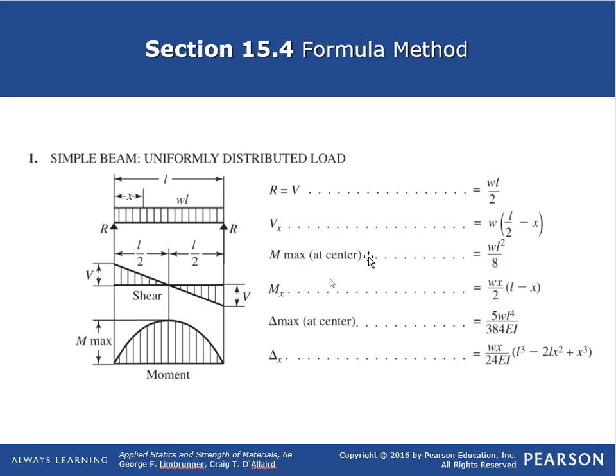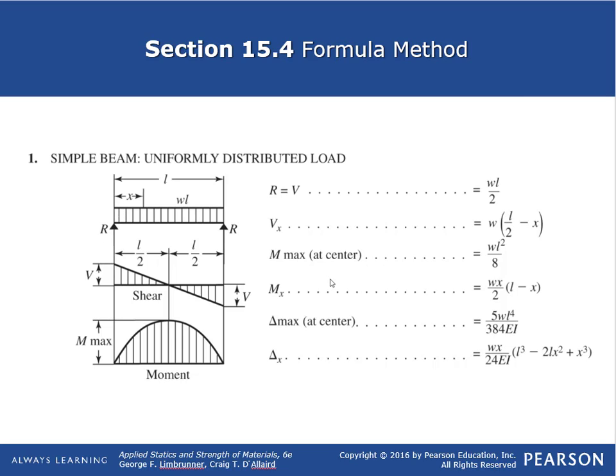It tells us what the maximum moment is. It tells us what the moment is at any point. This formula tells us what the moment is at any point, that's this x here. It tells us what the maximum deflection is at the center, and what the deflection is at any distance x from the left end.